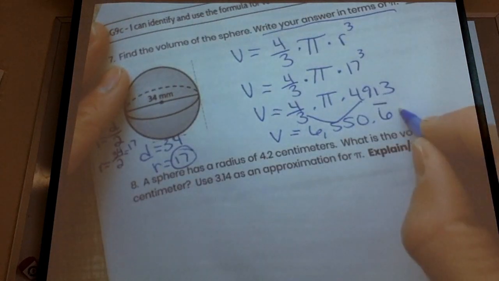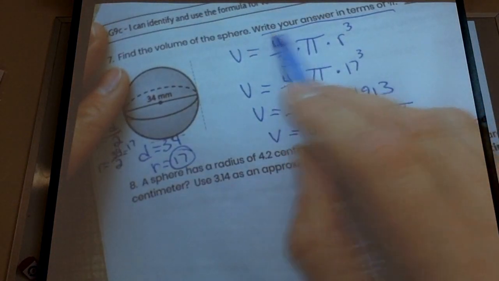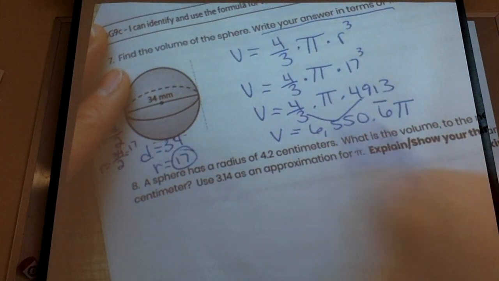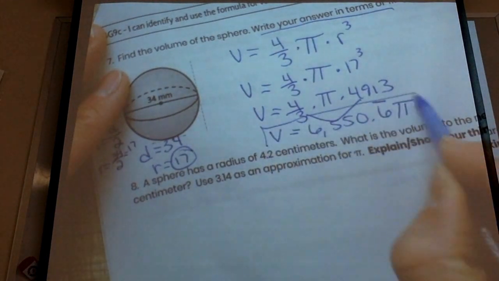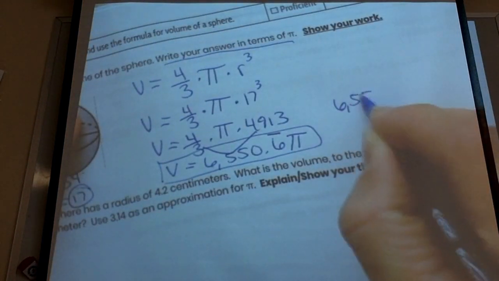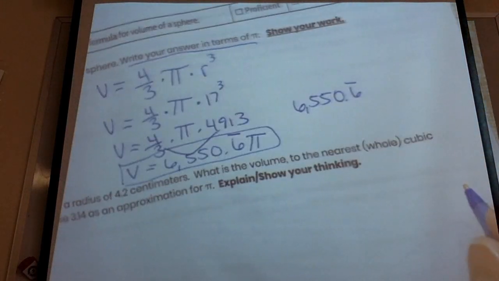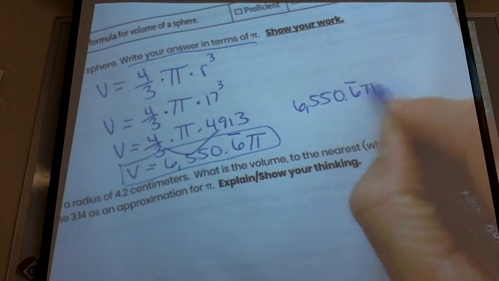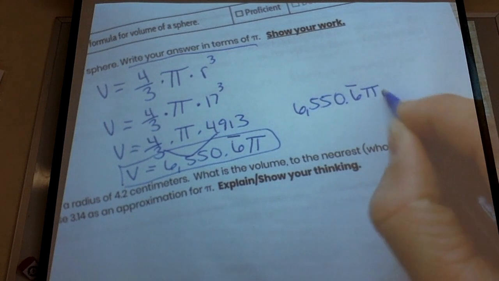And we're going to keep the pi there because it says write your answer in terms of pi. We don't need to go any further than that. So over here, 6,550.6 repeating pi, and talking millimeters, so millimeters cubed.